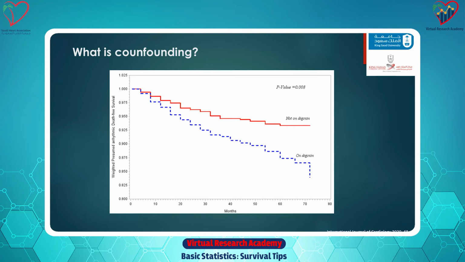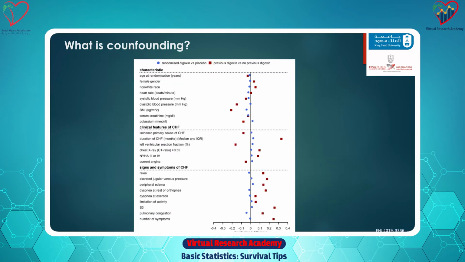Okay, so if your conclusion was that digoxin is associated with death, that would be wrong because it's confounded, and I'll show you that in a second. The proper interpretation of this is that patients on digoxin are more likely to die than those who are not on digoxin. And the reason is that if you look at the characteristics of patients on digoxin, they're older, they're more likely to have chronic kidney disease, they're more likely to have low blood pressure, and these factors by themselves are associated with death.